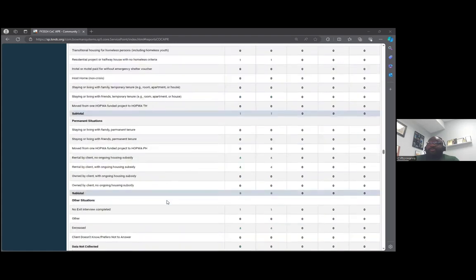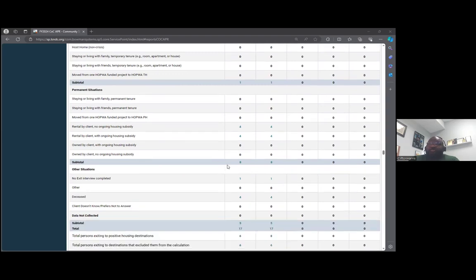And then your permanent destinations, which, you know, staying with family, staying and living with friends, rental by client with no ongoing subsidy. And then you have your rental by client with ongoing housing subsidy, which we're going to talk about in relation to moving on assistance. Okay, so you're going to get credit for everybody that's in this permanent part.